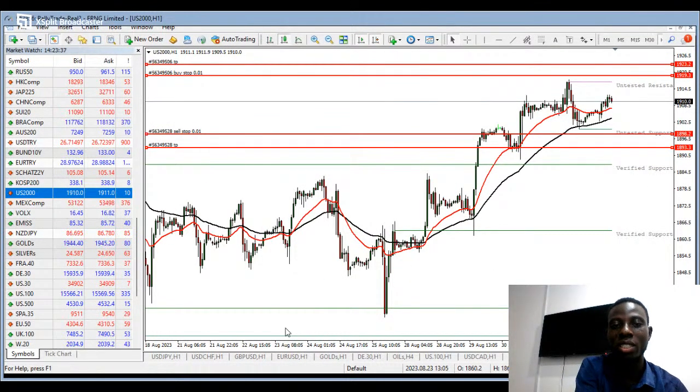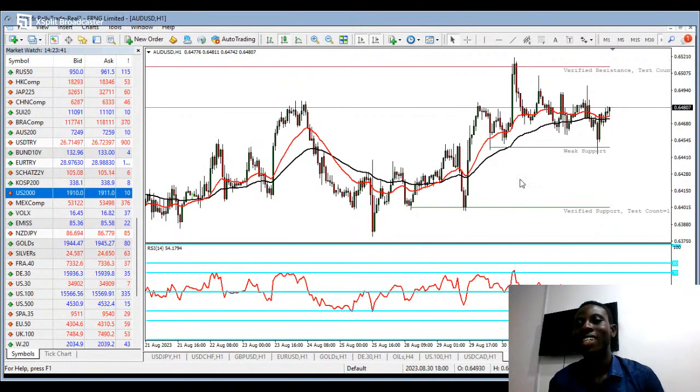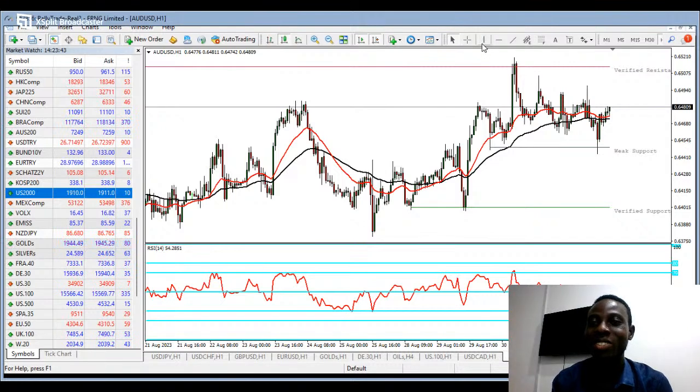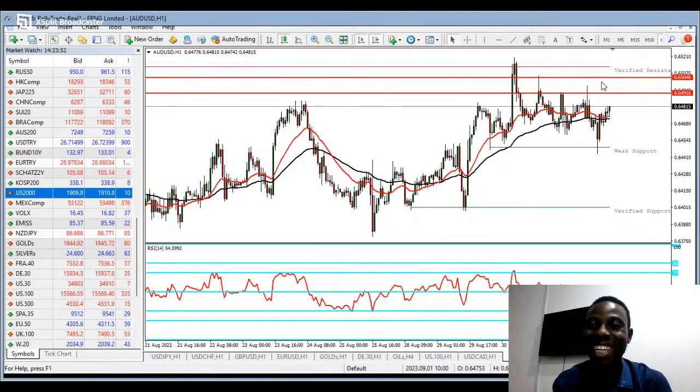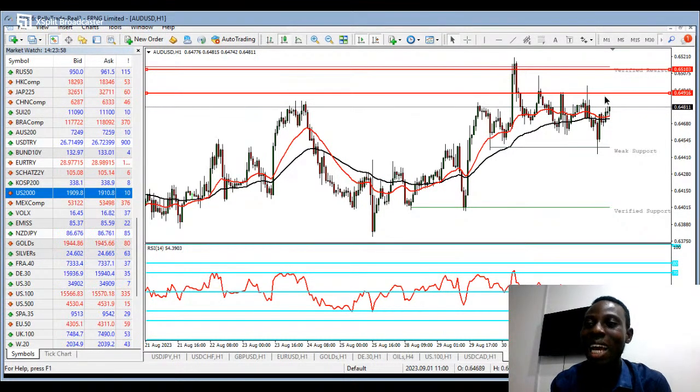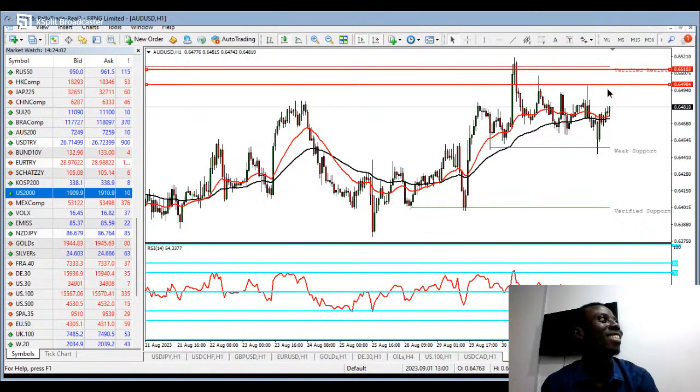That instrument is a funny instrument, and I like it. If it goes in one direction, it will go. If it does not, it will not. So let's do AUD USD. I will be live here till everything takes profit.